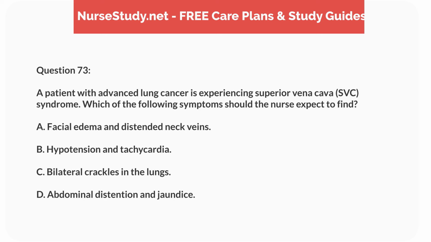Question 73. A patient with advanced lung cancer is experiencing superior vena cava, SVC, syndrome. Which of the following symptoms should the nurse expect to find? A. Facial edema and distended neck veins. B. Hypotension and tachycardia. C. Bilateral crackles in the lungs. D. Abdominal distension and jaundice.